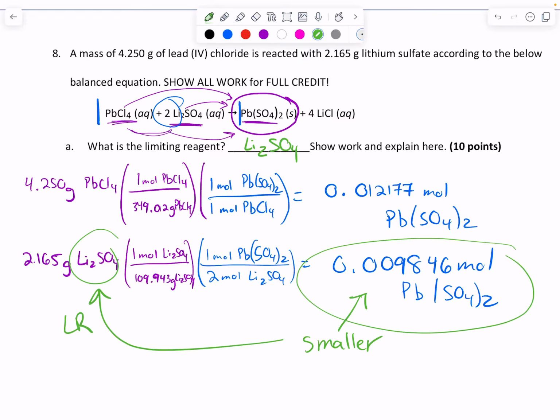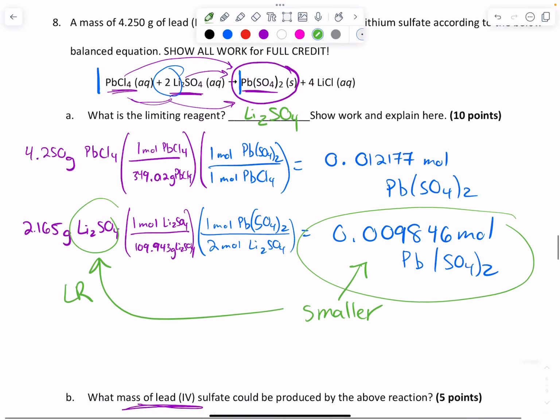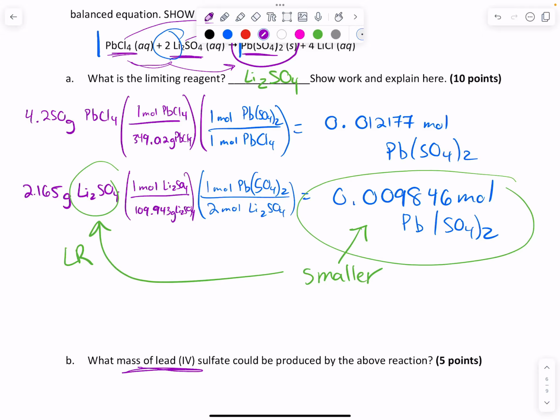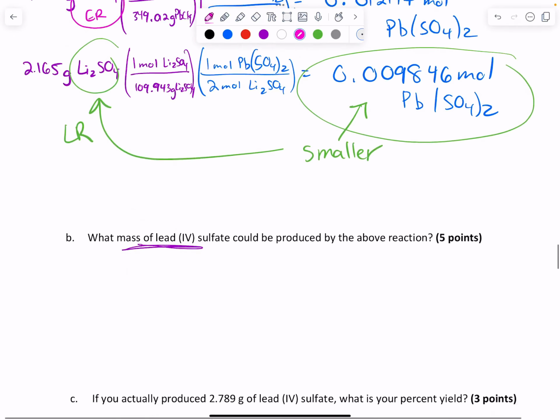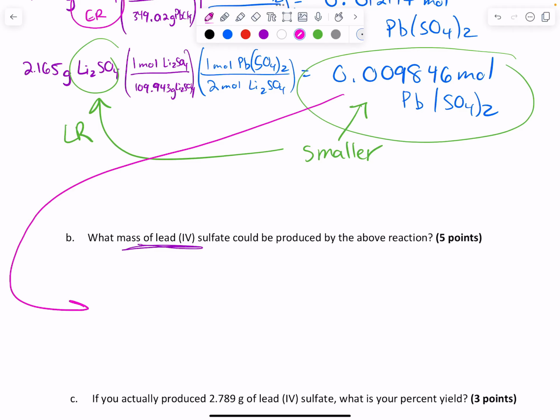Okay. So I've now figured out which one's my limiting reagent, which means my excess reagent, of course, is going to be my lead 4 chloride. Okay, so now what I can do is I can take this value here and convert that into the mass of my product. So I have 0.009846, and that is moles of my lead 4 sulfate.